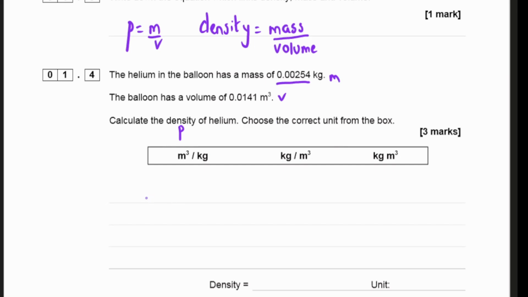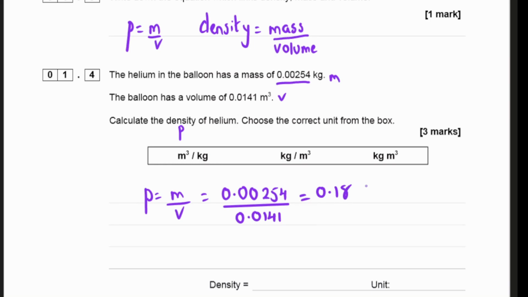So density equals the mass divided by the volume. The mass is 0.00254 divided by 0.0141, and that gives me an answer of 0.18.